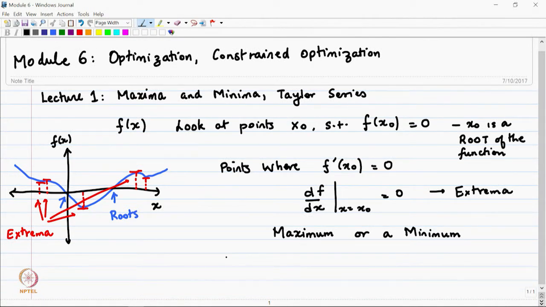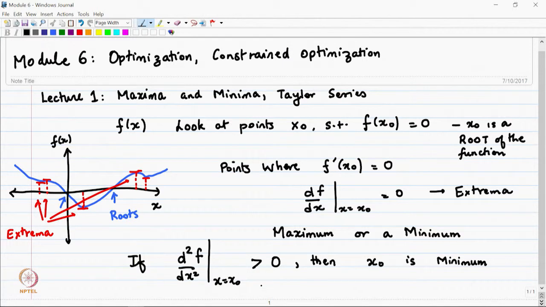So, now what is the condition for maximum or minimum? Okay. So, if d square f by dx square at x equal to x 0 is greater than 0, then x 0 is a minimum.